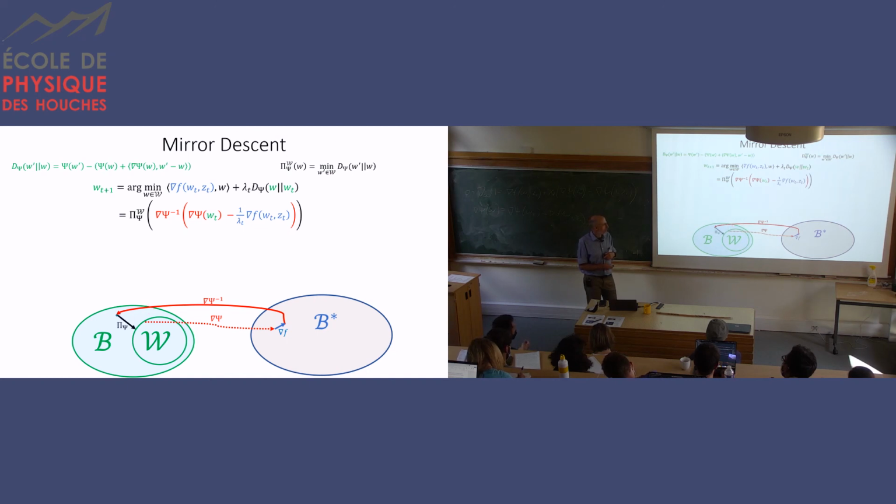And then finally maybe also project back. So the choice of regularizer psi corresponds to a choice of the mapping from the primal space to the dual space. If we think back to the Euclidean case, psi was just the Euclidean norm squared.